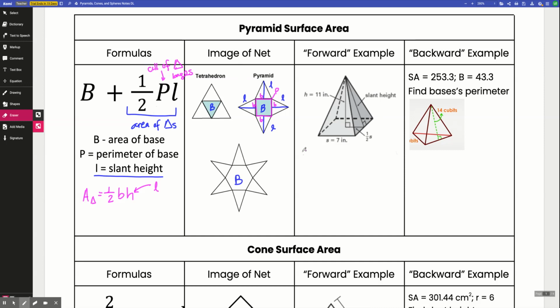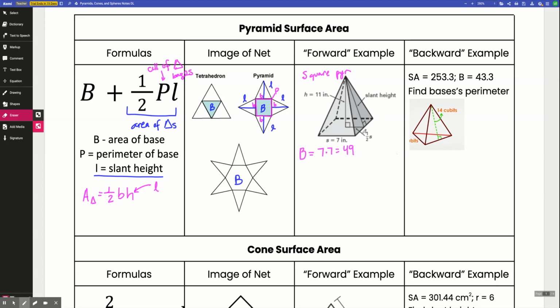Okay, so one of these things is pretty easy to find. It's the area of the base shape, because this is a square pyramid. So the area of the base shape is the side length squared, so 7 times 7, which is 49.